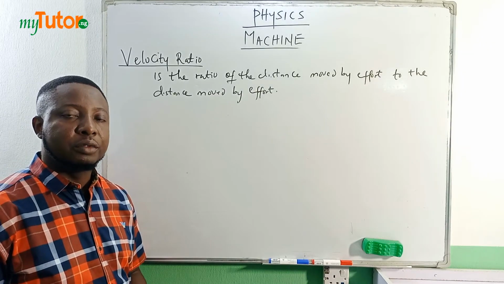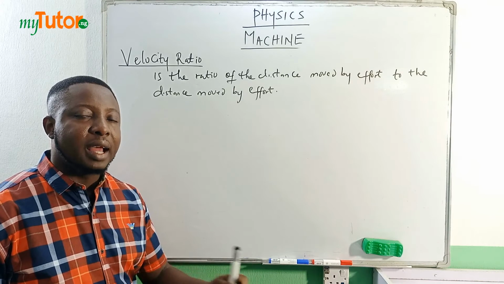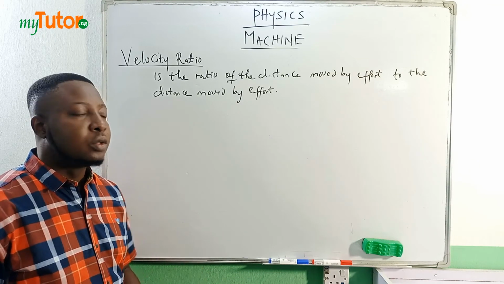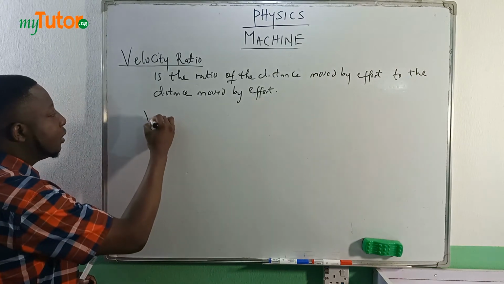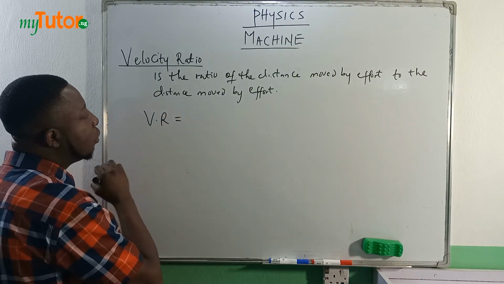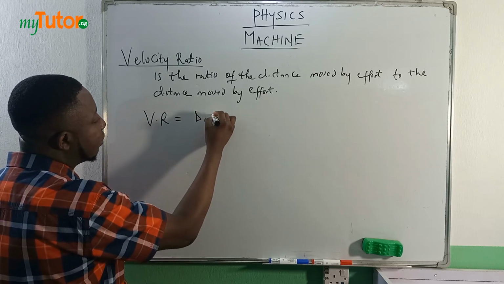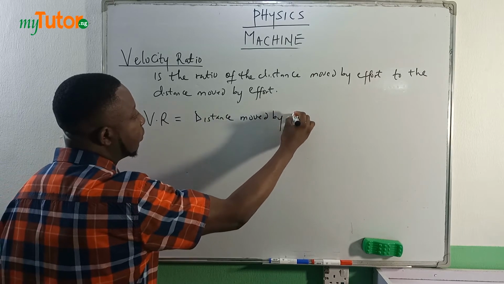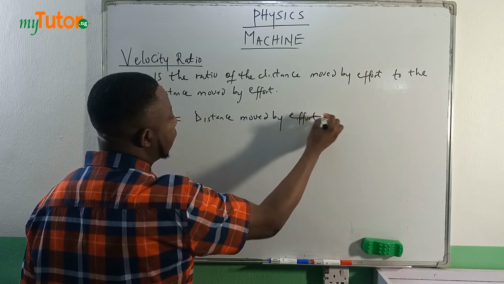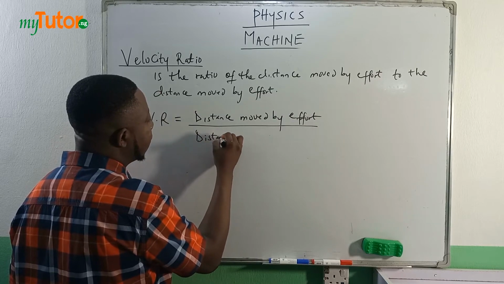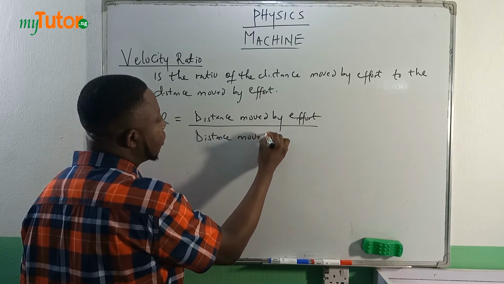The ratio of the distance traveled by the effort to the distance traveled by the load. So mathematically, to calculate the velocity ratio, VR, the velocity ratio will be the distance moved by effort divided by the distance moved by load.